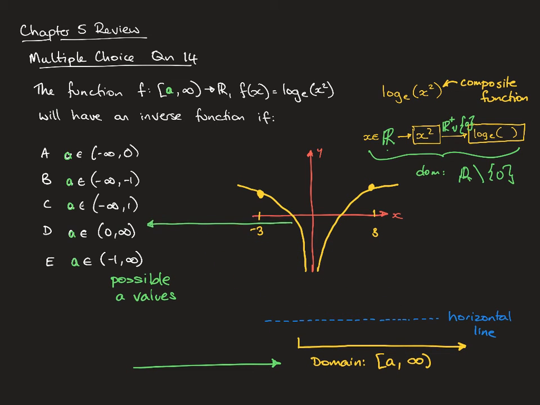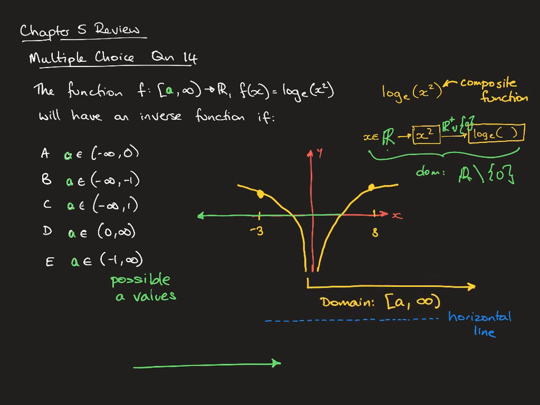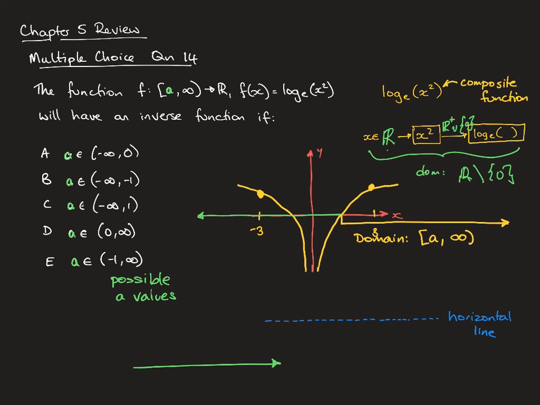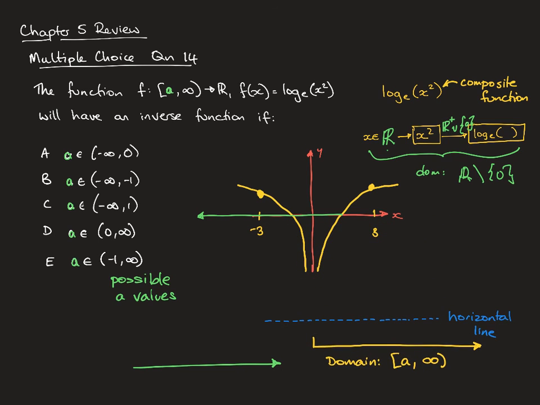Option C is negative infinity to 1. So that's that bit there. So values of a are going to be from negative infinity all the way up to 1. Any one of those is possible. If we then look at possible domains that fit that, that's okay at a is 1. But as soon as we get down to here, as soon as we pass that x-axis as values of a, we're in trouble again. It's touching the line twice.